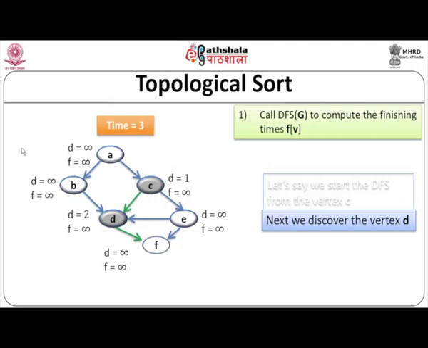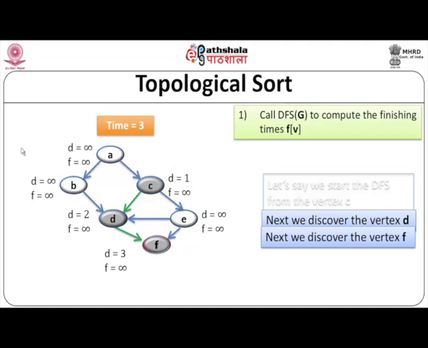Then the only way you can go is to F. So, we discover node F, it becomes gray and its discovery time is 3. Now, after we reach F, the time becomes 4.